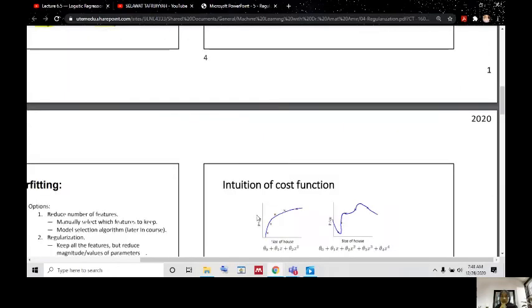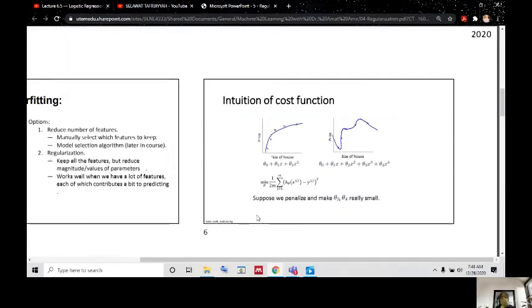Next, we move on to the intuition of the cost function for house prices. The first graph is the size of house, which is theta naught plus theta 1 x plus theta 2 x squared. The shape is like this.